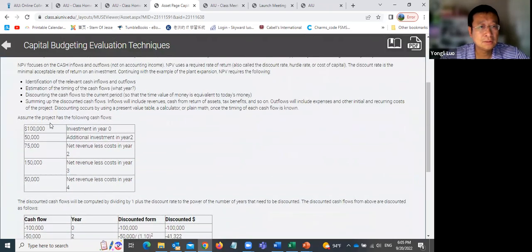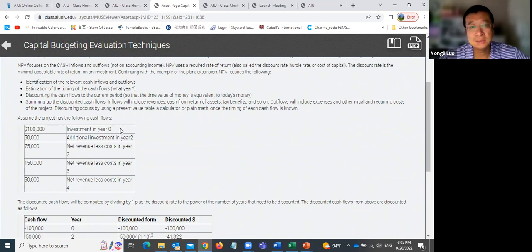You can see this: assume that the project has the following cash flow. And this is the 100,000 initial investment. So basically that is your cost at the beginning.